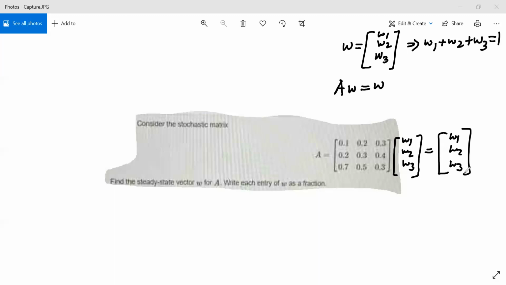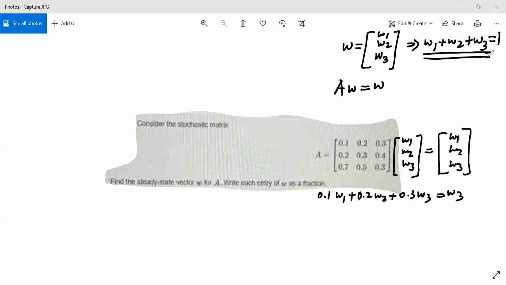So then I'll just multiply this out. It will be 0.1 times W1 plus 0.2 times W2 plus 0.3 times W3 equals W1. And I also have these equations here as well.